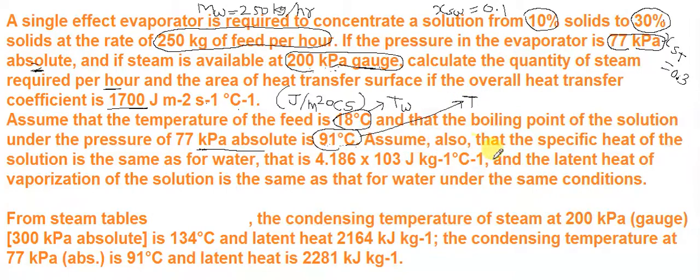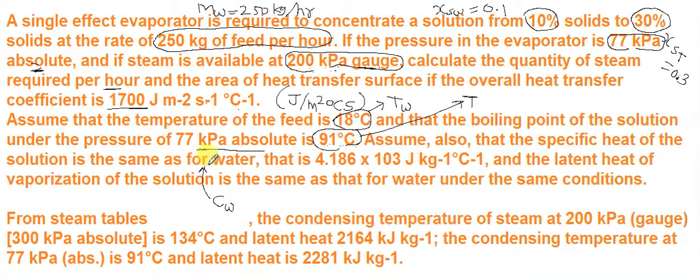The specific heat capacity of the solution is the same as for water. So this will be the value of our CW, the heat capacity of water, and we are going to use the same value for condensate cooling also.